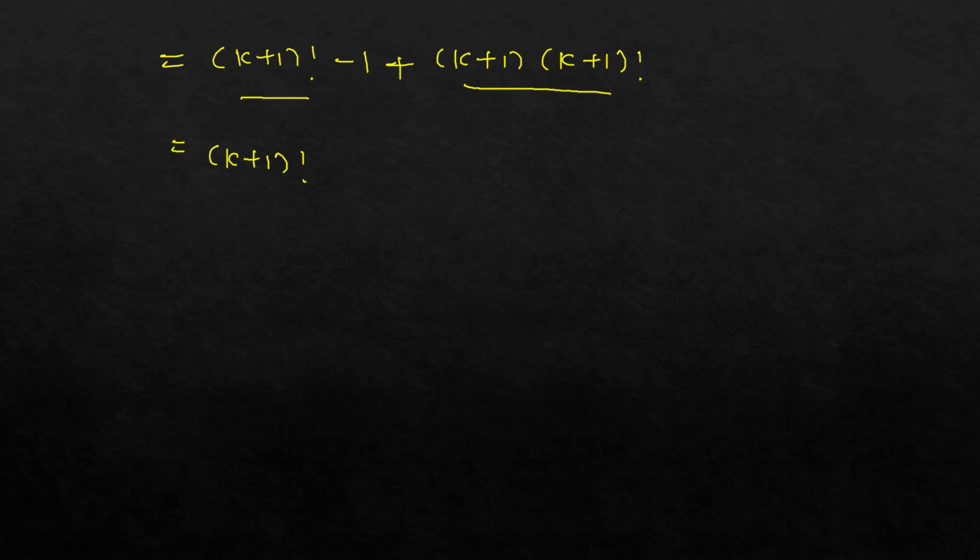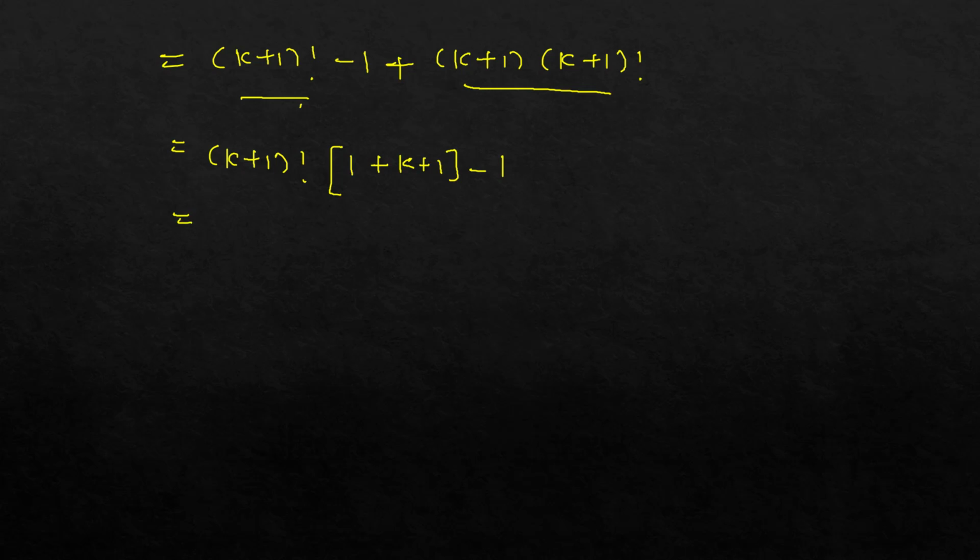So we get k plus 1 factorial minus 1 plus k plus 1 into k plus 1 factorial. Now from this term and this term, take k plus 1 factorial as a common term. Within the bracket the remaining value here is 1, and then plus the remaining value in the next bracket, k plus 1, and then minus 1 kept as it is.